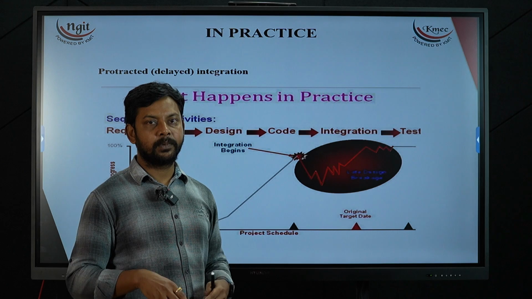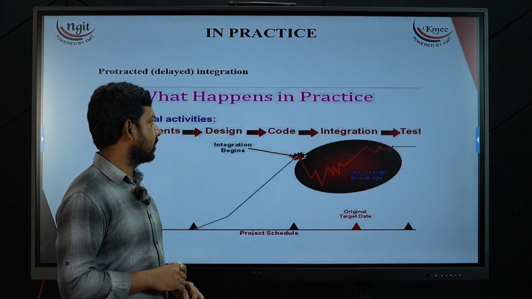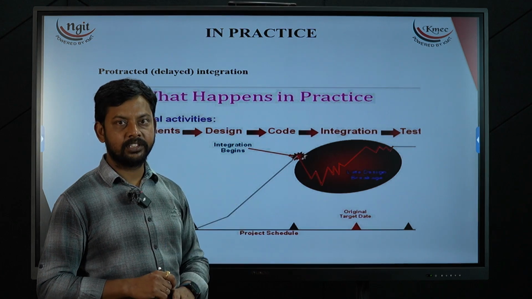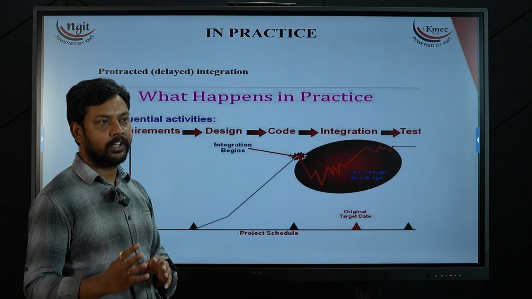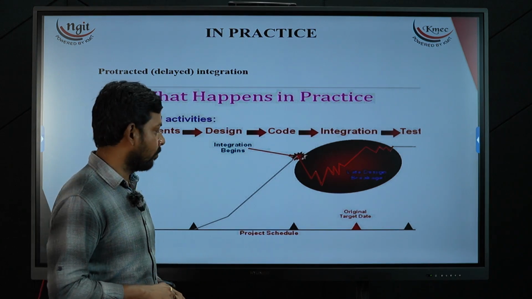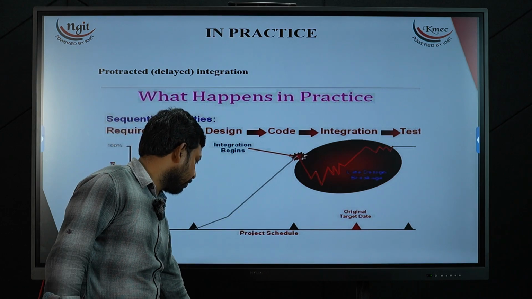Recovering and removing these errors at the next process could be a risky process. So this is what actually happens in practice when you go with the traditional waterfall model. This may end up with more errors in your program.